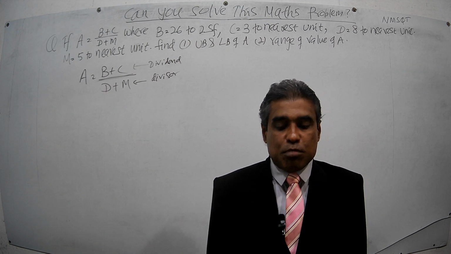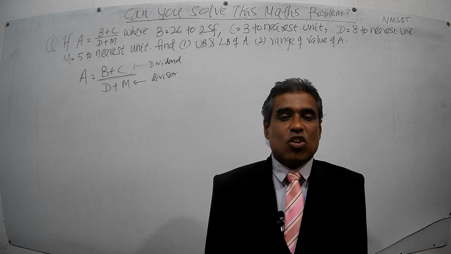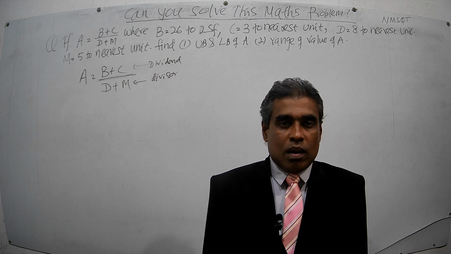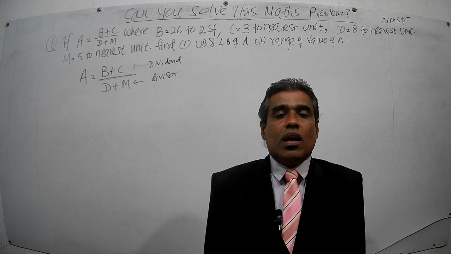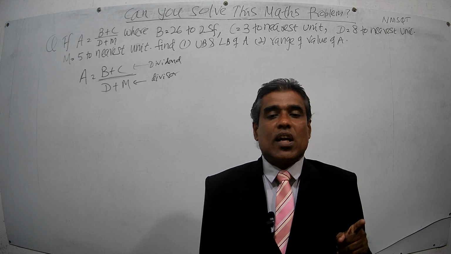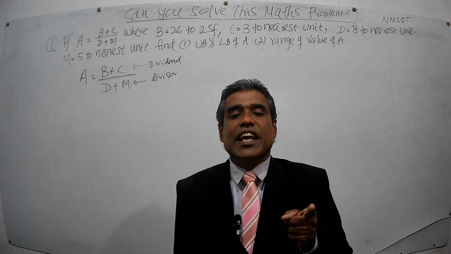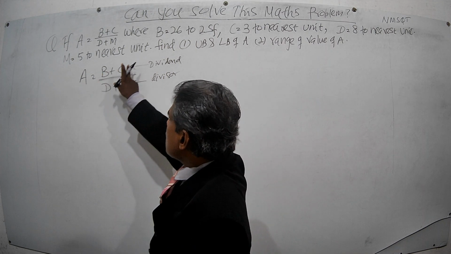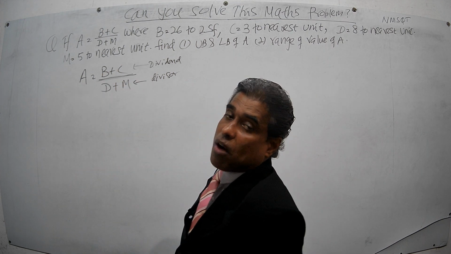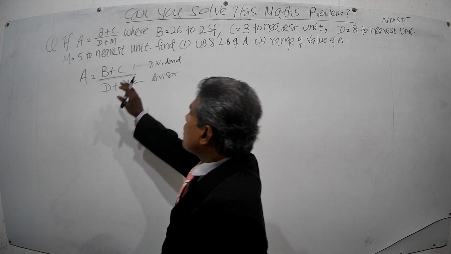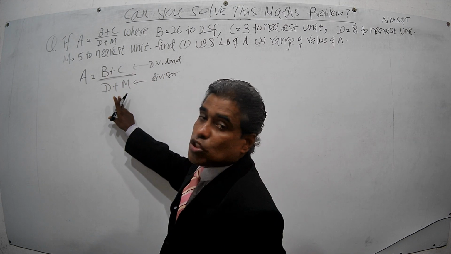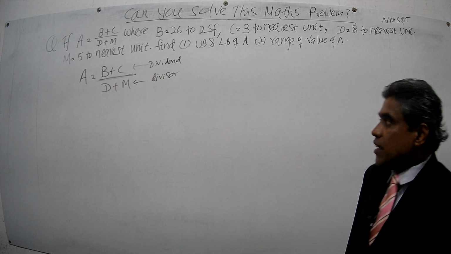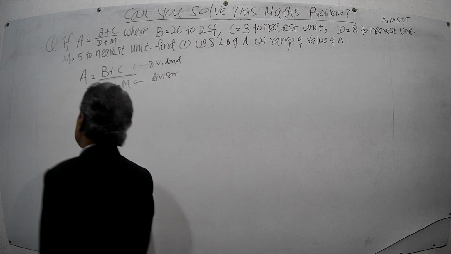You may remember, the upper bound of a quotient equals the upper bound of the dividend, that is the upper bound of the part above the line, divided by the lower bound of the part below the line, otherwise called the divisor.